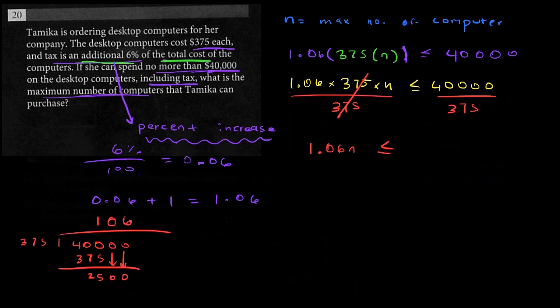If you can estimate, the way I came up with this number is, if I do 375 times 7, that's going to be a number greater than 2,500, and so I have to go a step lower.